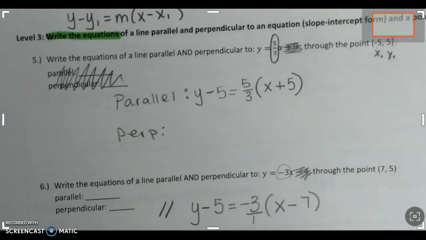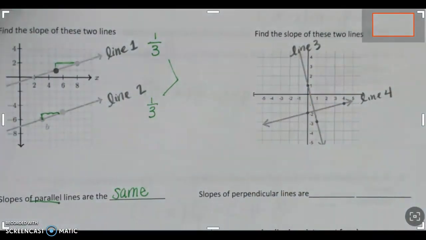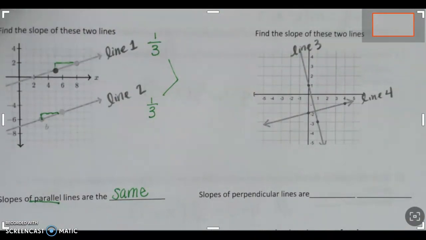Okay, let me flip back. I know we're doing a little bit of flip-flop here, but let's flip back and let's talk about the slopes of these 2 lines. This picture is 2 perpendicular lines. Okay, what are the slopes?